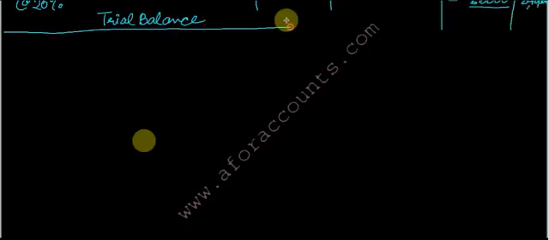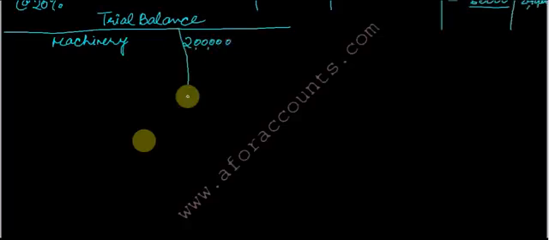Okay. Now what if the trial balance is like this? It'll take 2 minutes, I'll write it down. See, machinery stands with 2 lakhs. It has to be debited.